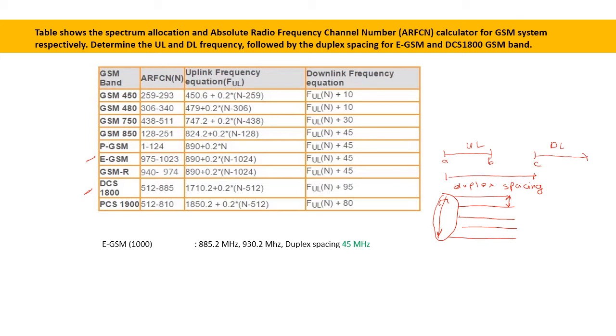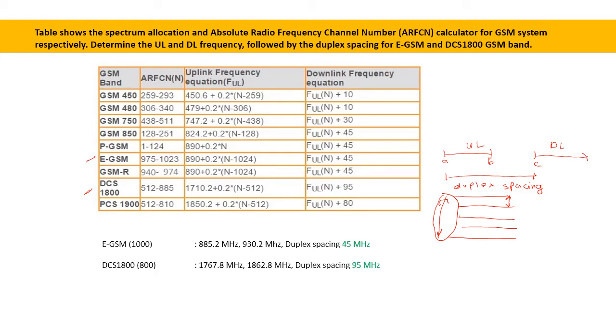So we apply the 1000 here, and we get the uplink frequency as 885.2 megahertz. If we apply this inside the downlink equation, we get 930.2 megahertz as the downlink frequency. So the duplex spacing is actually 45 megahertz.